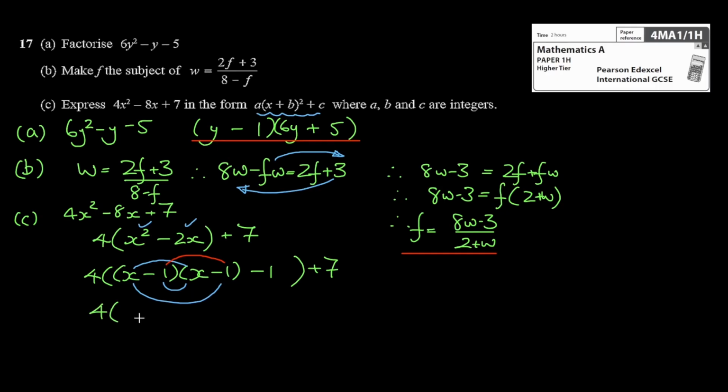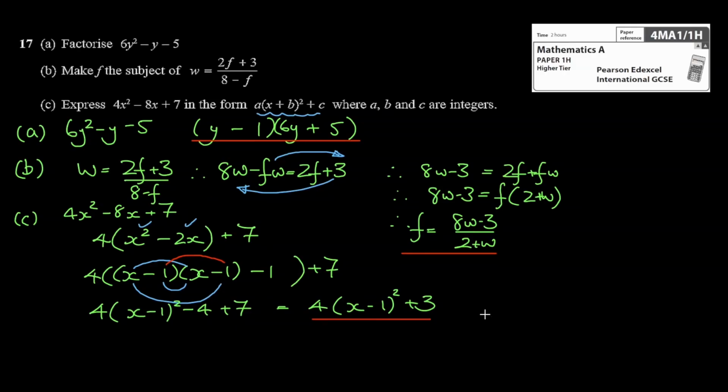These two brackets I can put together now as x minus 1 squared minus 1, plus 7. These two numbers will join up to be plus 3, so I get this is equal to 4 times x minus 1 squared plus 3. And effectively, that is the answer.